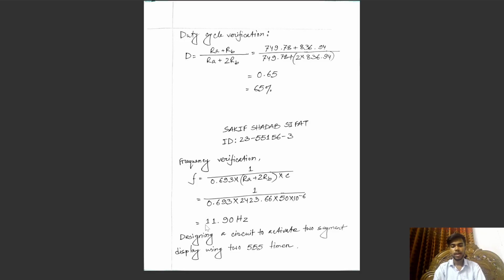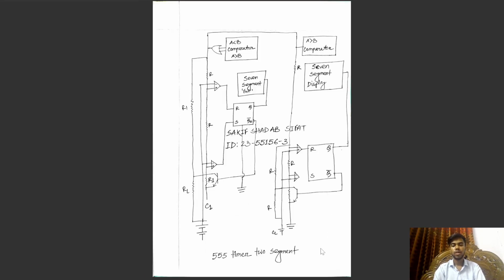It comes as 11.90 hertz, and it says designing a circuit to activate a seven segment display using two 555 timers. So this is a diagram for the 555 timer with seven segment display, and here are R1 and RL, the resistors, and the AB comparator, which is A less than B and A greater than B, and this is the 7 segment display which will display the output.